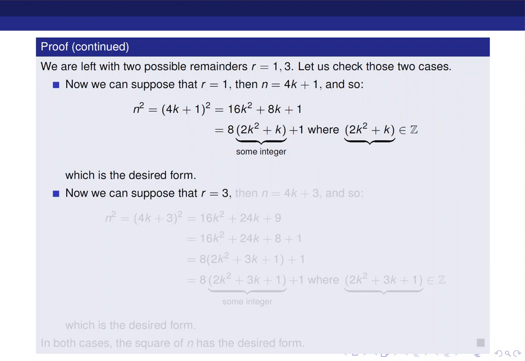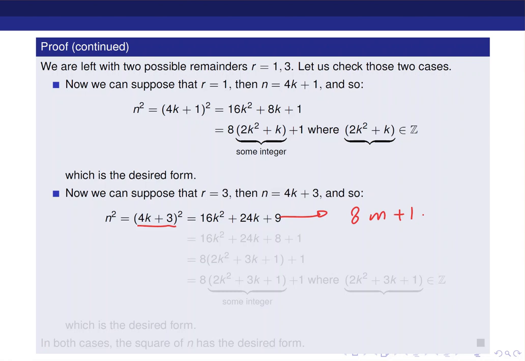Now what about when the remainder is 3? Remember, that was the last possible remainder. In that case, my n is going to be 4k plus 3, and so when I square it, by foiling the parentheses, I get 16k squared plus 24k plus 9. Remember, ultimately my goal is to make this whole thing look like 8m plus 1.